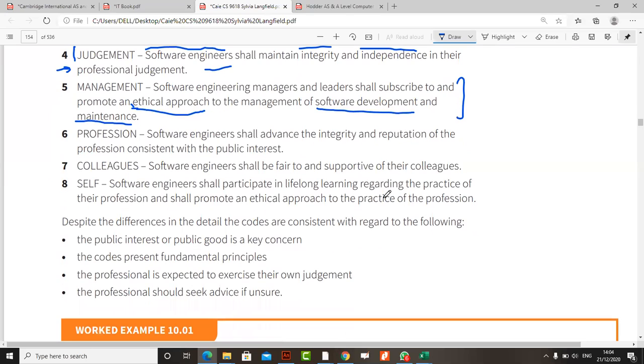Profession: software engineers shall advance the integrity and reputation of the profession consistent with public interest. So obviously, you should be loyal to your profession. Your profession comes first. You have to advance the integrity and the reputation of the profession. For example, the teaching profession.